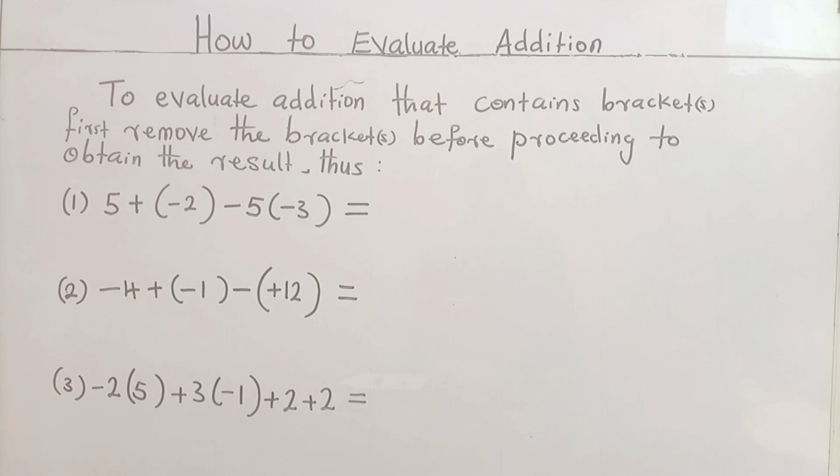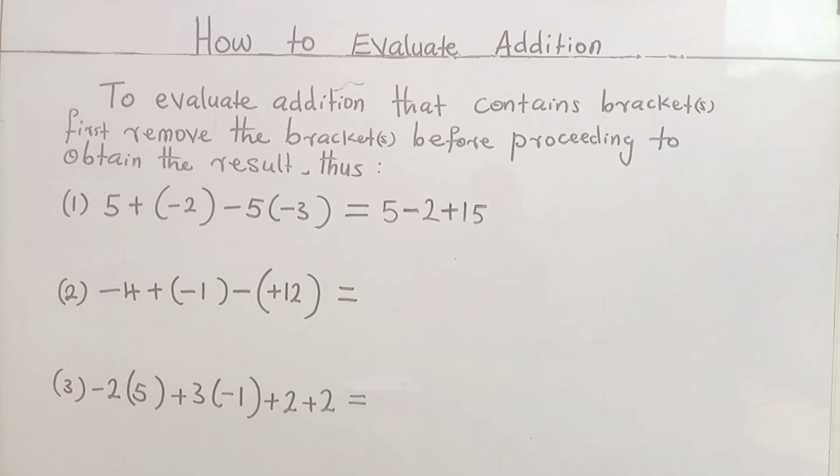So what do we do next? Please notice how the next line of action condenses or compresses this operation to something that we're going to see. Please watch. It has become 5 minus 2 plus 15. That is, it has compressed to what you're seeing.